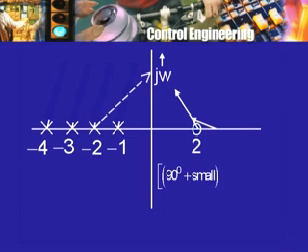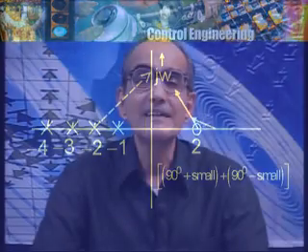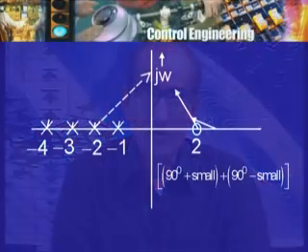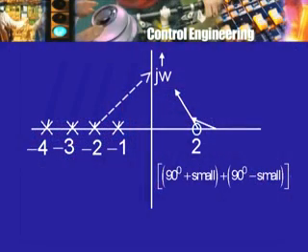What about the angle at the other zero? It is this one. By a similar argument, it is also going to be very close to 90 degrees, but less than 90 degrees by a small amount. And so, the total contribution of the two zeros will be almost 180 degrees plus or minus a small amount. The larger the value of omega, the smaller the amount. Now, what about the contributions of the 3 poles?